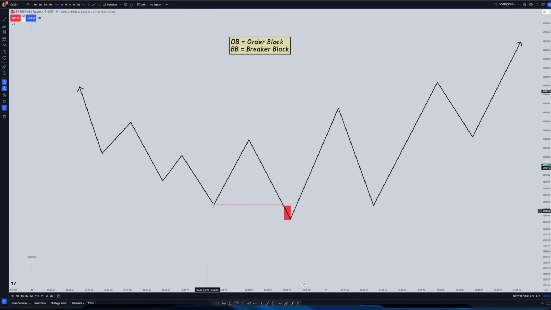Now what happened right around this area? Price created a low, this is a low, price created a high here, and price created a lower low. So price created a low on the left, a high, a lower low, and then price started going up high above this specific level.